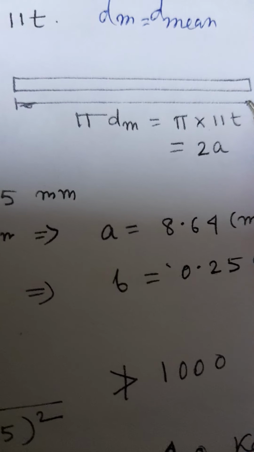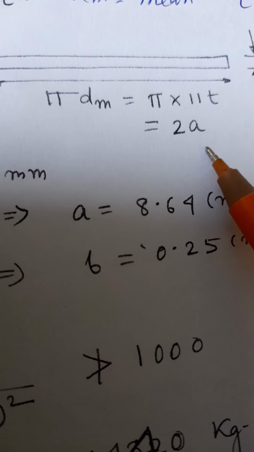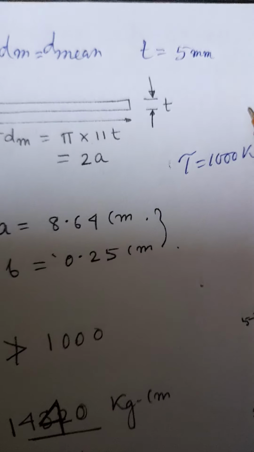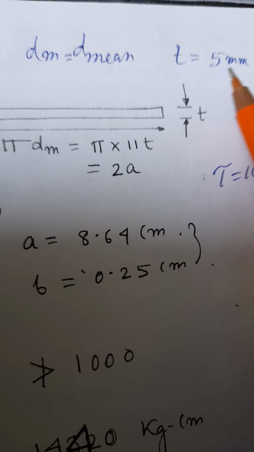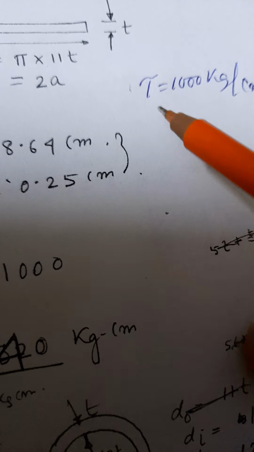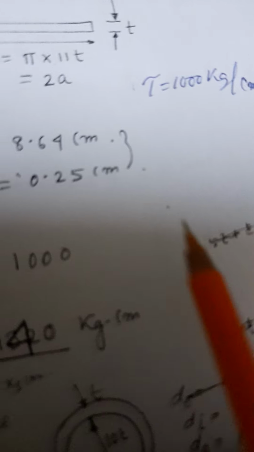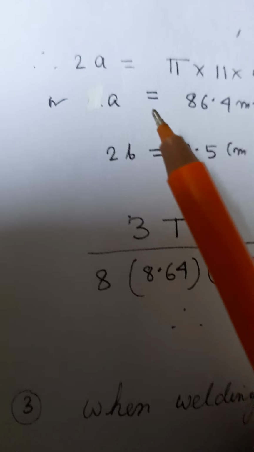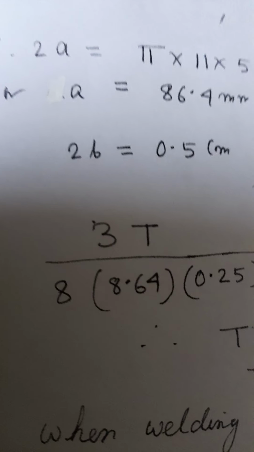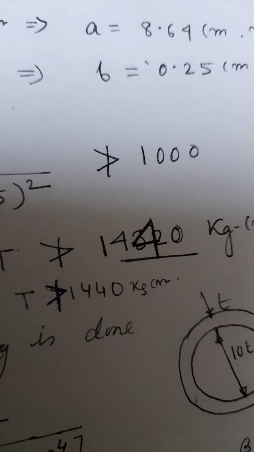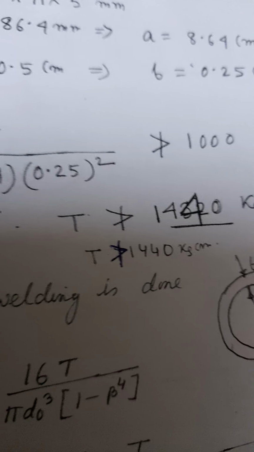So this is pi dm, which is equal to 2a, and dm is equal to 11t. We have taken that t is equal to 5 millimeter and tau is given. Tau is not greater than this one, so we can find out a and b.